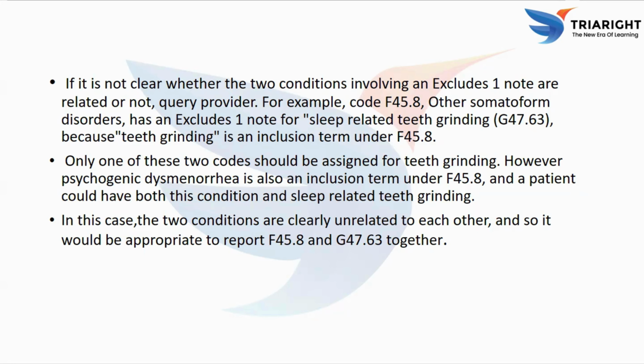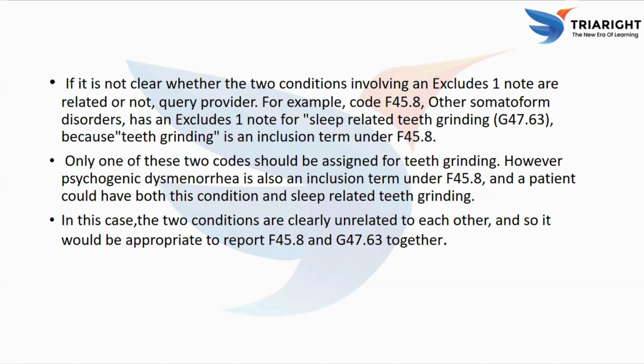For example, code F45.8 denotes other somatoform disorders. It has an Excludes1 note for G47.63, which is sleep related teeth grinding. Because teeth grinding is already a part of F45.8, this is an inclusion term.